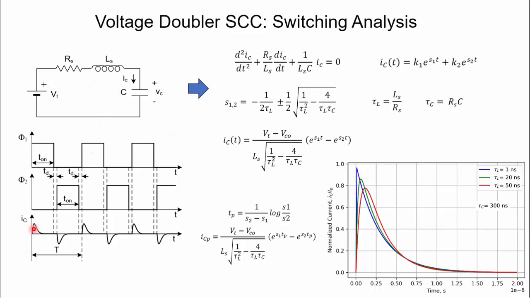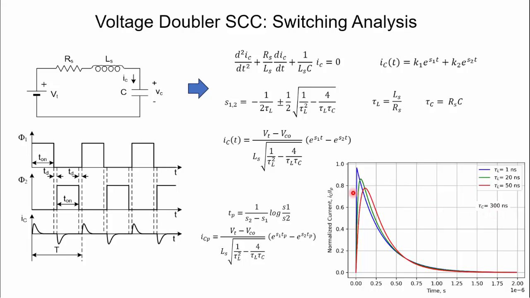So this is the current that we are going to have during the charging and discharging processes. Here in this part of the slide we can see the current waveforms that we are going to have for different values of the tau L time constant, which depends basically on the inductance, and for a given value of the tau C constant, which depends on the value of the capacitor.